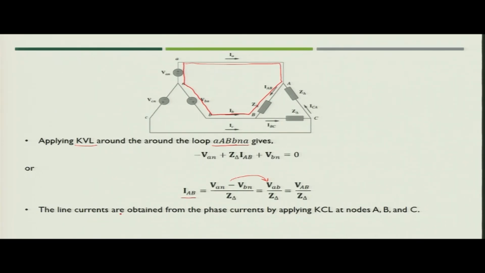Now, to find out the line current, what we have to do? We have to take the phase current which we derived and apply KCL at the nodes A, B and C. So, now if you apply KCL at node A, what will happen? IA plus ICA will be equal to IAB.